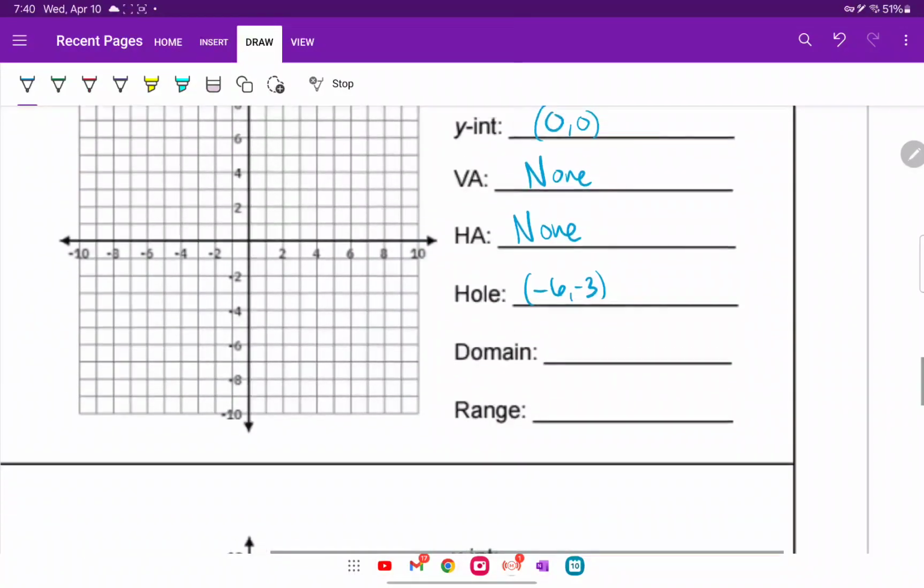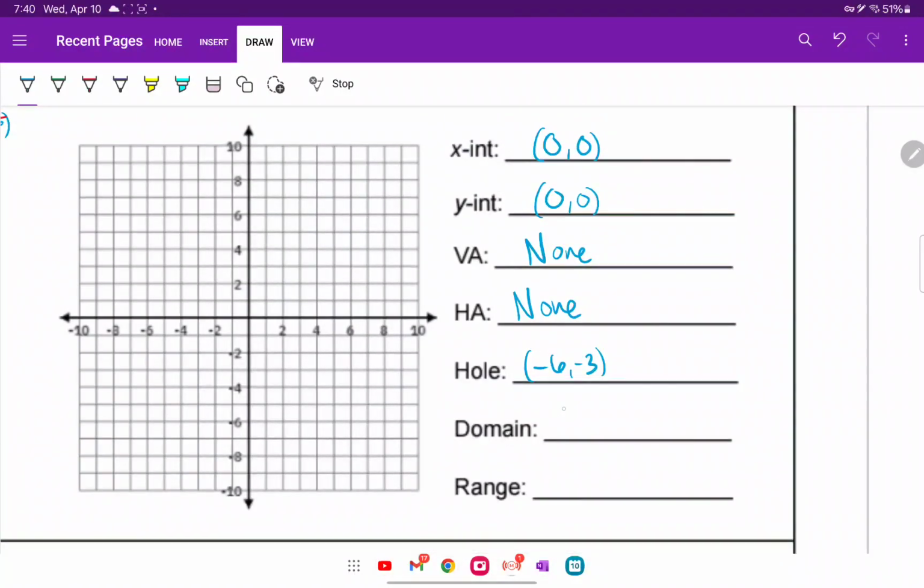And for our domain, we know that x cannot equal the vertical asymptote, which is none, and the x value of the hole, which is -6. And for our range, y cannot equal the horizontal asymptote, which is none, and the y value of the hole, which is -3. All right, and let's go ahead and make our graph now.